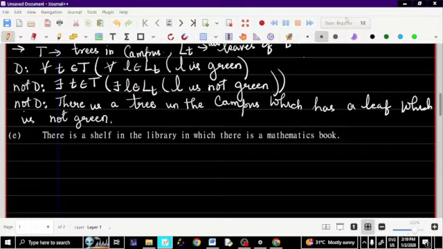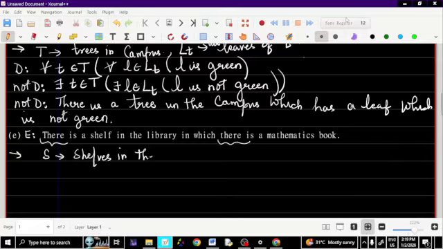there is a shelf in the library in which there is a mathematics book. You can see now both the quantifiers are existential here. There is. So if I call this statement number E, all the shelves in the library, so I'll call it S, shelves in the library.